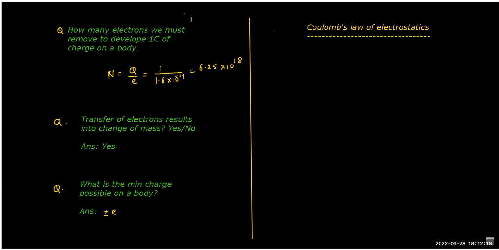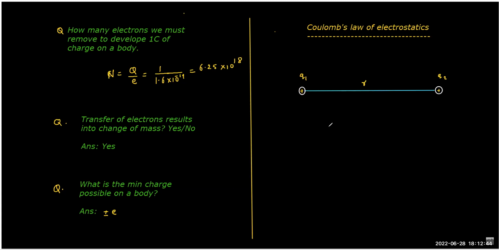What is Coulomb's law? Anybody who knows, you can just comment. F is equal to K Q1 Q2 upon R square.